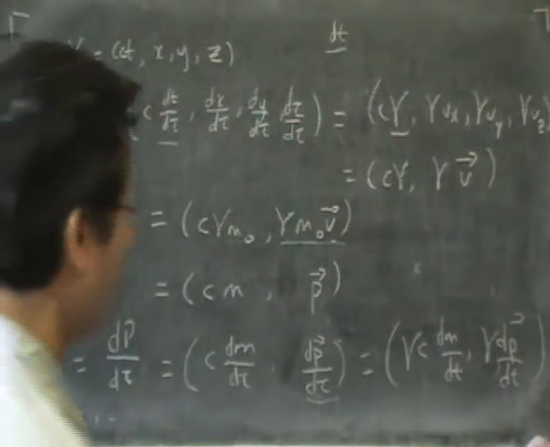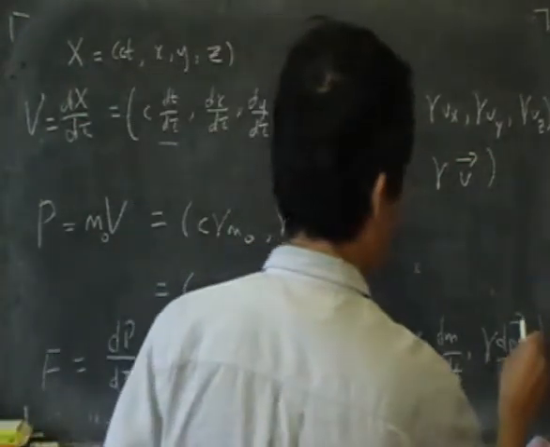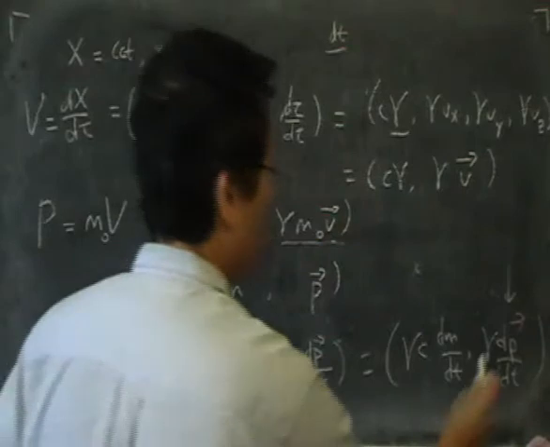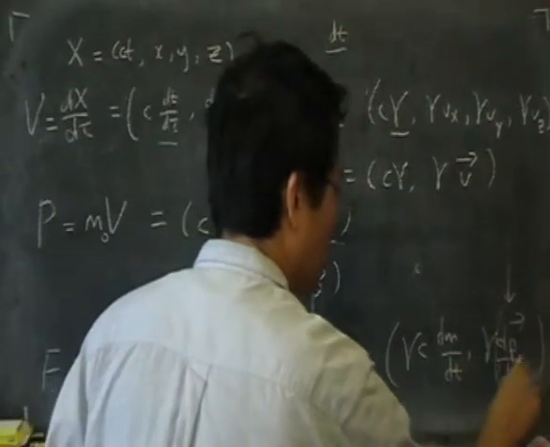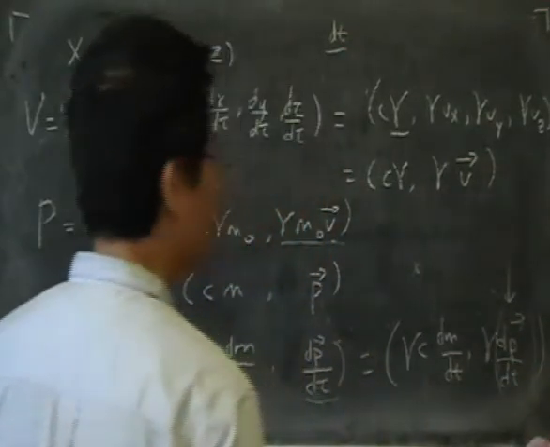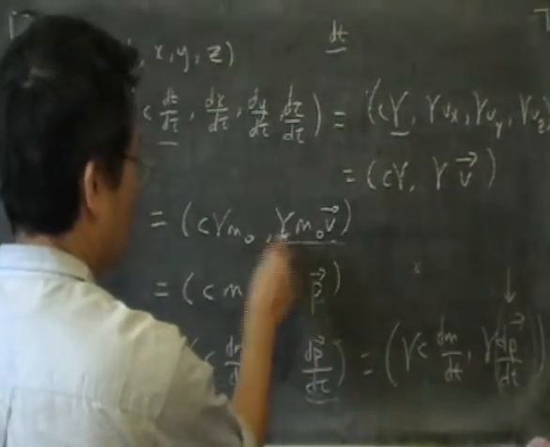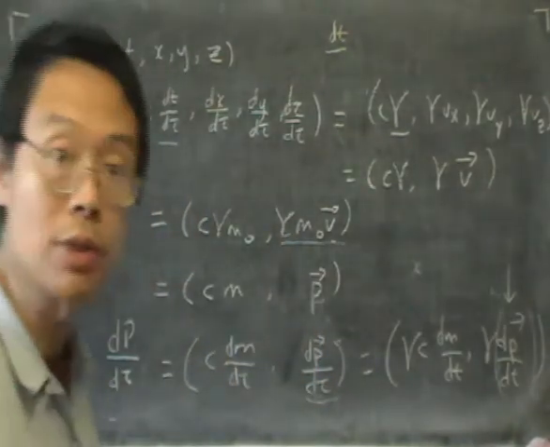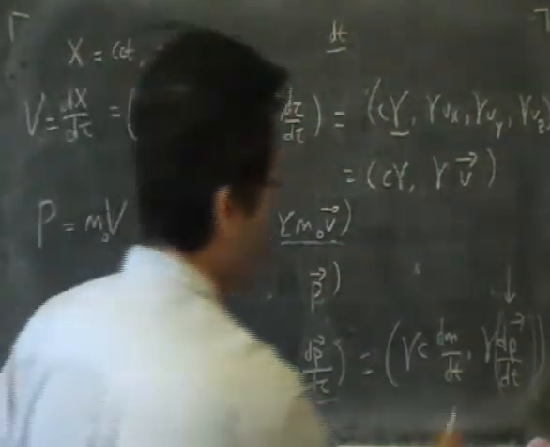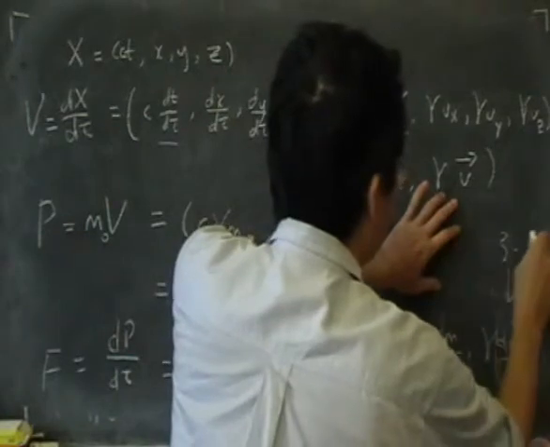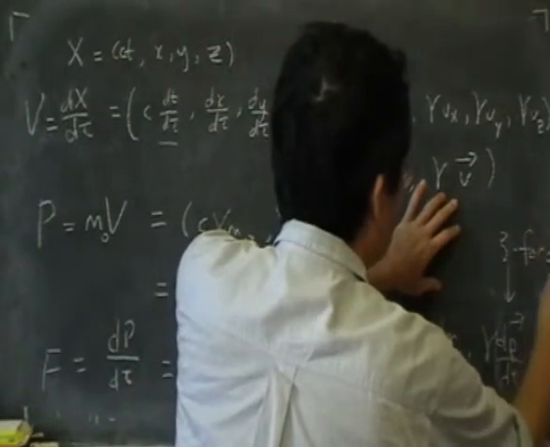And this part of it, without the gamma, just the dp over dt, where we recall P has included the Lorentz factor for mass increase. So this dp over dt corresponds to the 3 force, which is the familiar force in 3 dimensions.